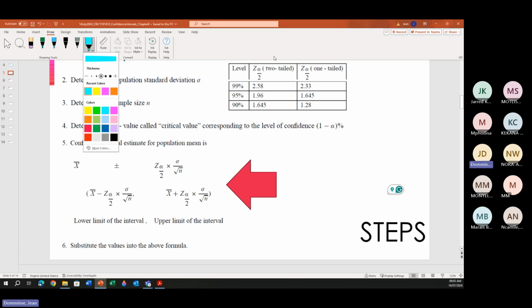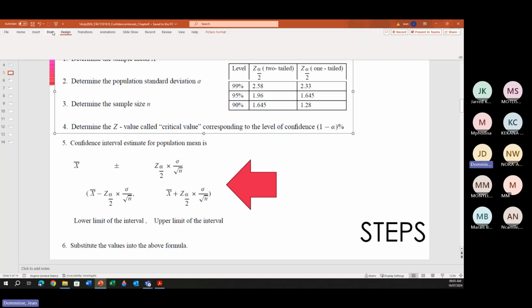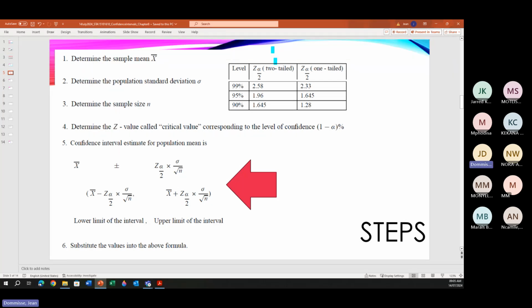With confidence intervals, we will always look at two-tail. When we get to hypothesis testing, then they will need to tell us if something is one-tail or two-tail. But for confidence intervals, it is two-tail, because we always look at a confidence between a lower confidence level and an upper confidence level.